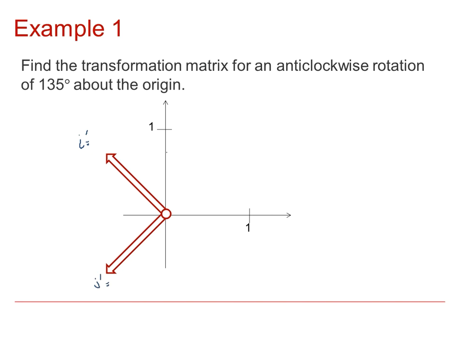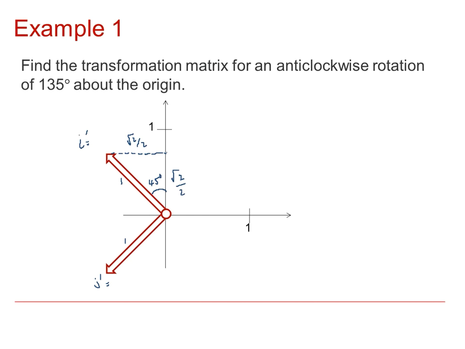Now remembering that the vectors themselves are 1 unit long, we can calculate the x and the y values of the vectors by considering this angle here, which will be 45 degrees. So for i dashed, the x value, or the length of that line there, will be sine 45, which is root 2 over 2. And the height, the y value, will be cosine 45 degrees, which is equal to root 2 over 2 as well.